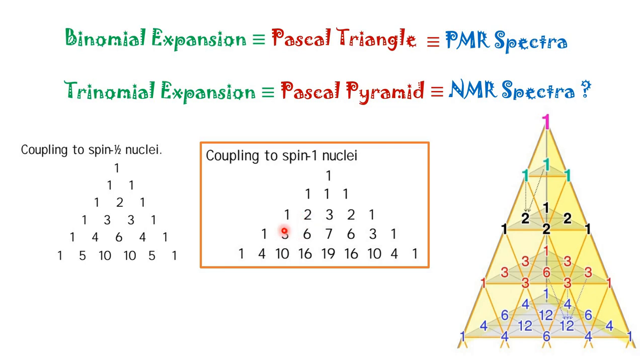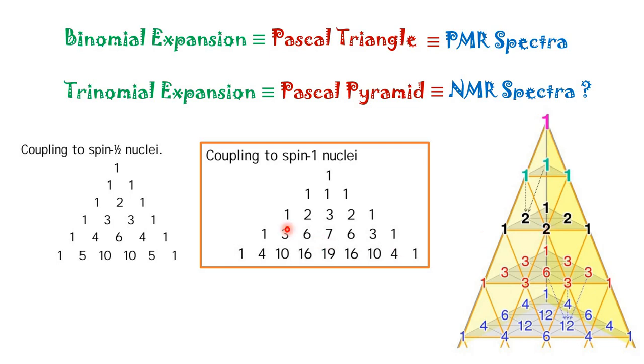So there is no problem with this table, this triangle, but my question is whether this triangle is representable by the Pascal pyramid, and the answer is no, because you see here 1 2 3 2 1, but here you are getting 1 2 2 1 2 1. If you add the values, you will get the same one. It is 3 square, that is 9.